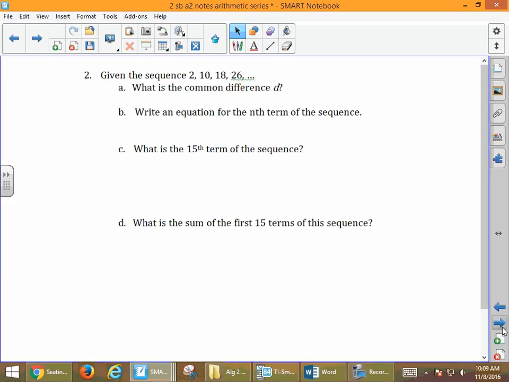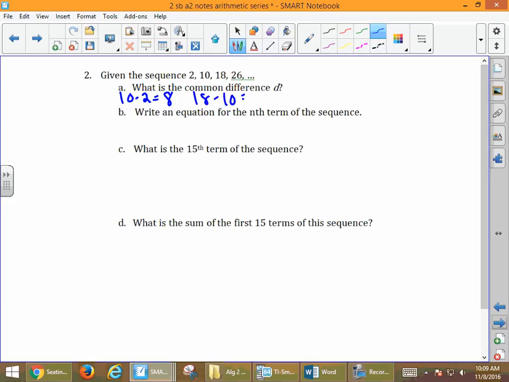We take 10 minus 2, and we get 8. Or we take 18 minus 10, and we get 8. Or we take 26 minus 18, and we get 8. That value of 8 needs to be the same consistently, and that is called the common difference.